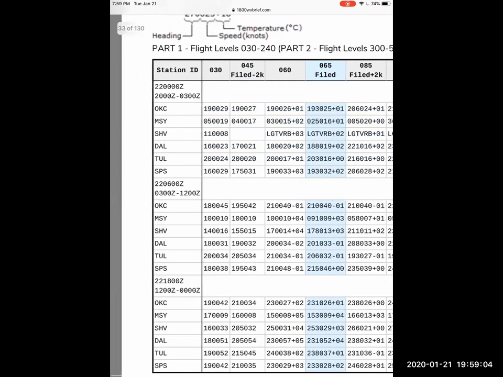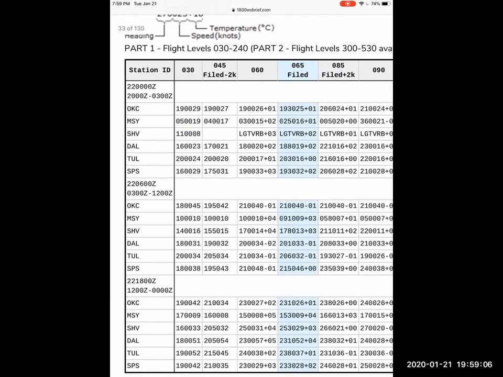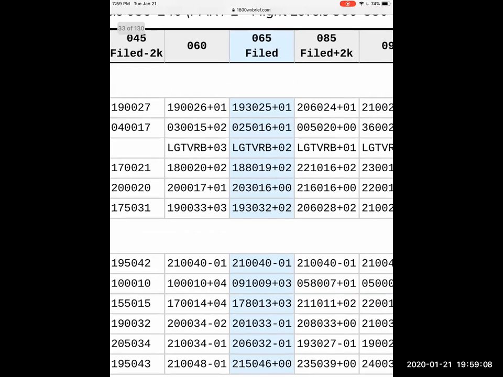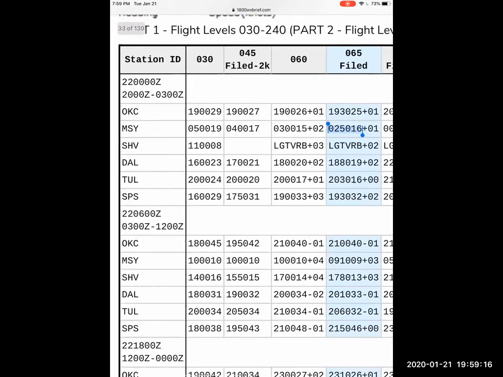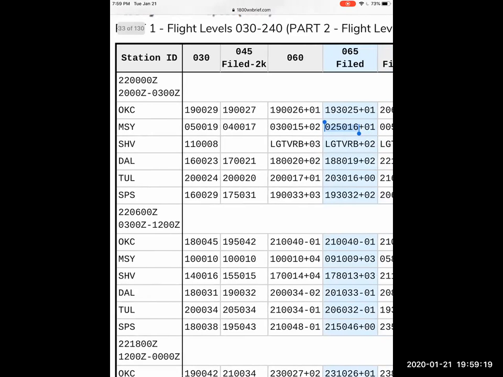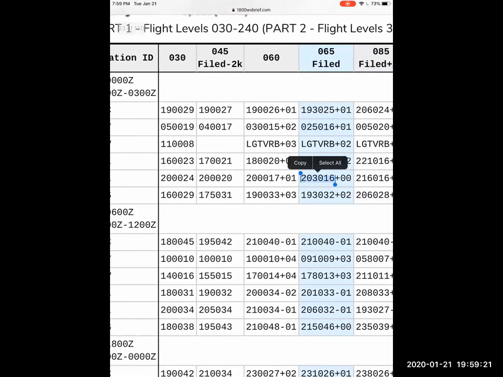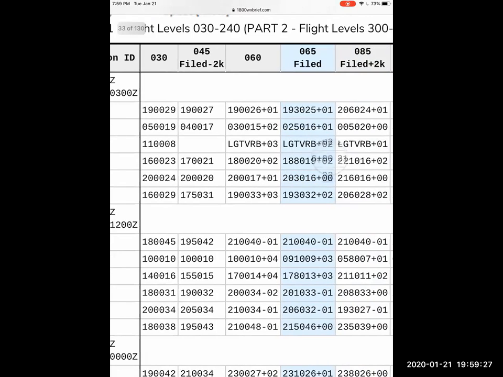For us, when we initially depart, we'd be looking at MSY, and they're saying at least at 6,500 feet, the wind should be 025 degrees at 16 knots. So sure enough, out of the northeast, by the time, once again, we get to the Oklahoma area, we can see the winds are out of the southwest, 203 degrees at 16 knots, and specifically in both cases, they give us a temperature.